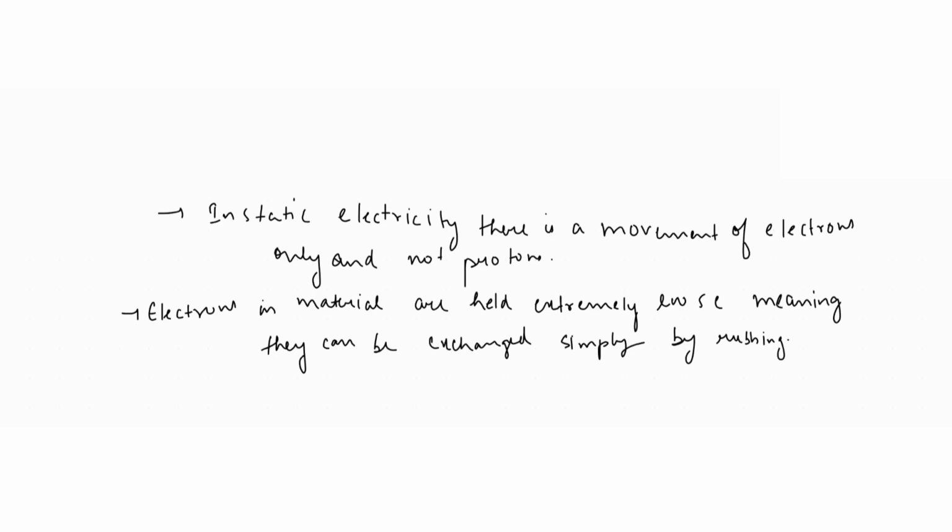Now, whenever we talk about static electricity, you have learned about lightning and lightning strikes. All of that is also because of static electricity, because in the clouds the same thing is happening.